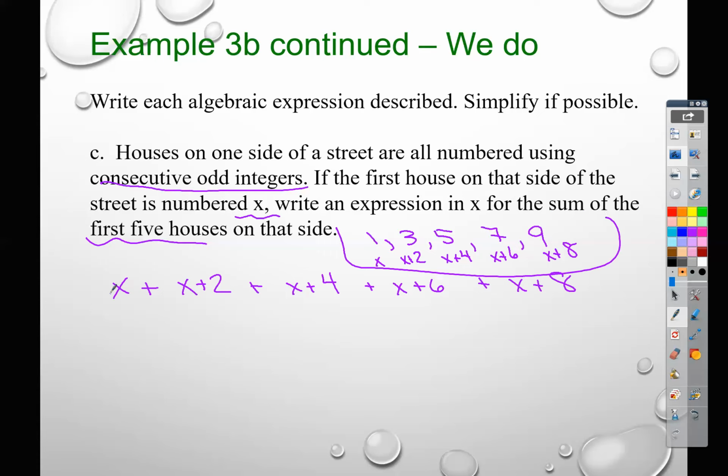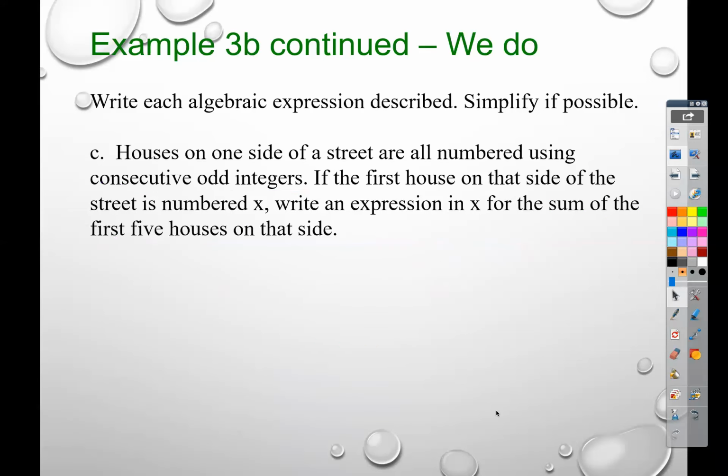So how many x's do I have? 1, 2, 3, 4, 5. 5x plus, let's add up all the constants. So 2 plus 4 is 6, plus 6 is 12, plus 8 is 20. So that is your answer.